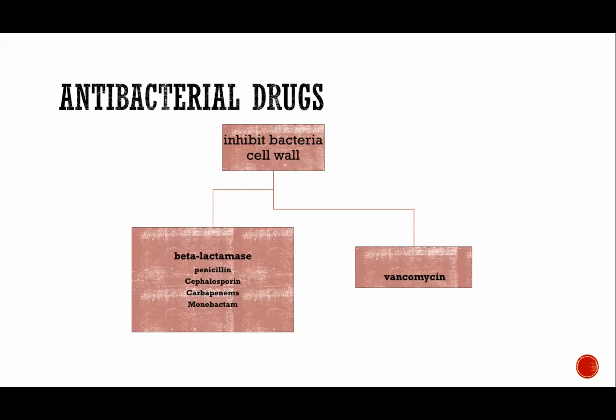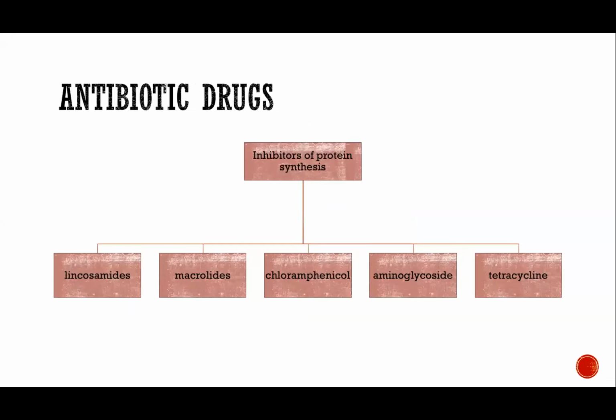Inhibitors of cell wall synthesis, such as beta-lactams, penicillin, cephalosporin, carbapenem, monobactam, and vancomycin. Inhibitors of protein synthesis: macrolides, for example azithromycin or clarithromycin, chloramphenicol, aminoglycoside, and tetracycline, such as doxycycline.